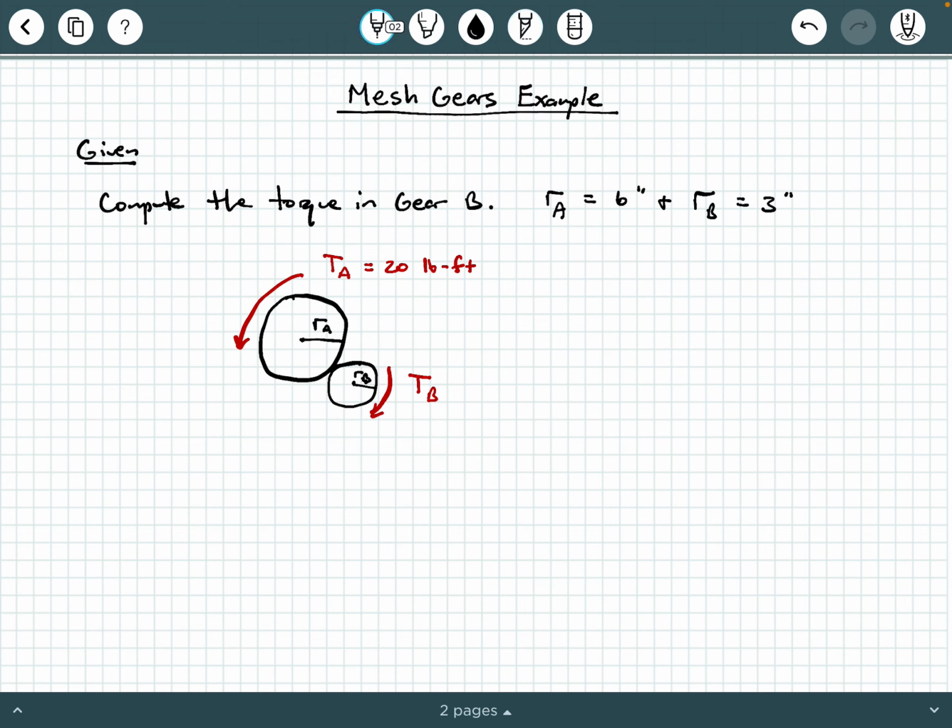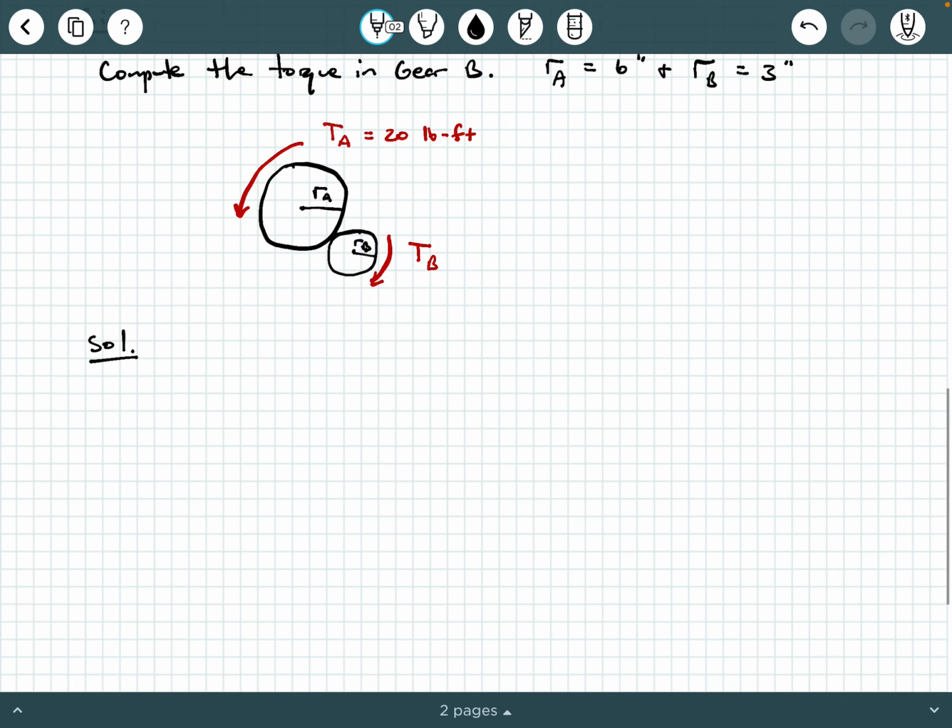And here's why. If we write the solution, I'm going to kind of zoom in on this point of contact here. And I'm going to say, okay, hey, we've got gear A here. And then we have the smaller gear B. And I'm going to zoom in here and kind of put some space in between these. This is gear B, all right?